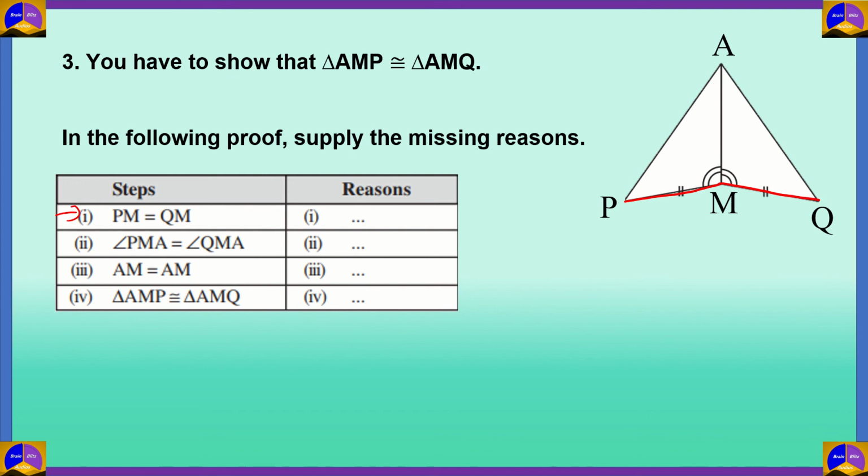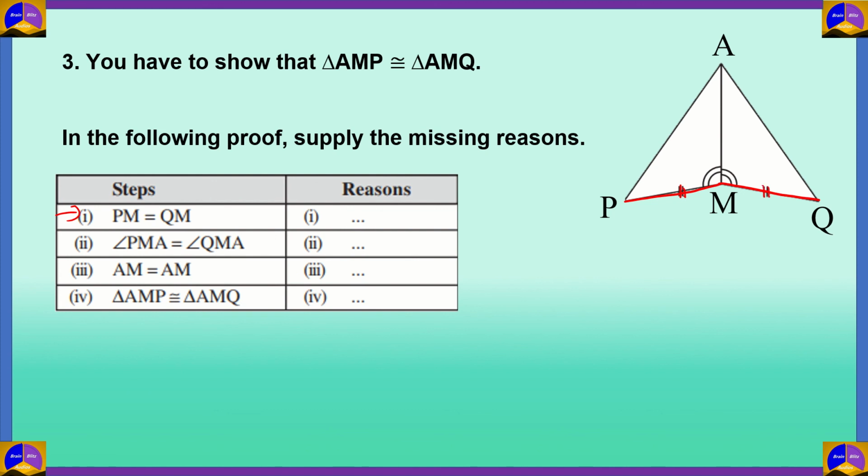Now you can notice the two lines on PM. Now these two lines mean that since PM has these two lines, if any other side has these two lines, then the measurement of that side would be equal to the measurement of PM.